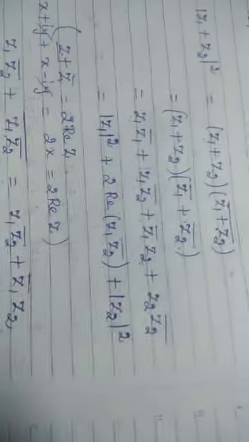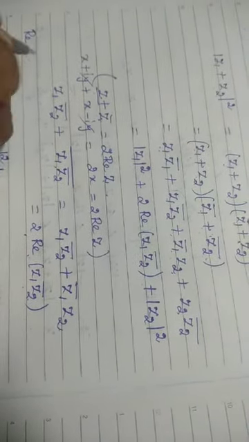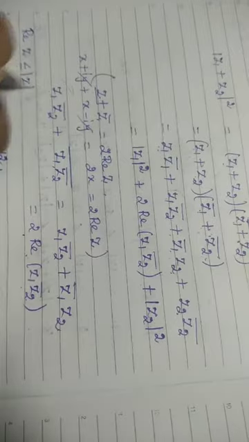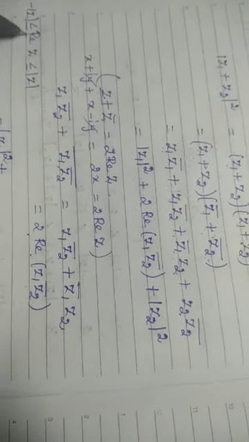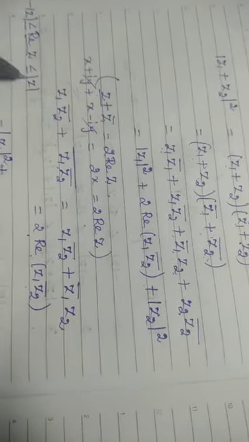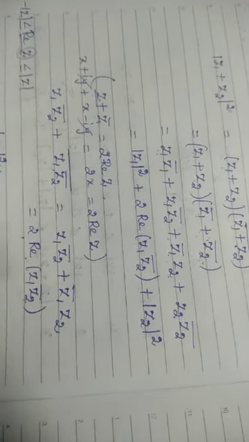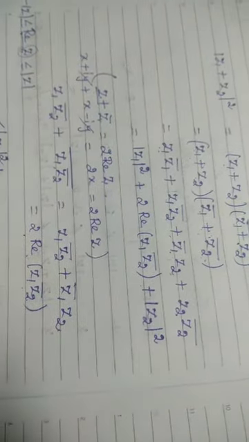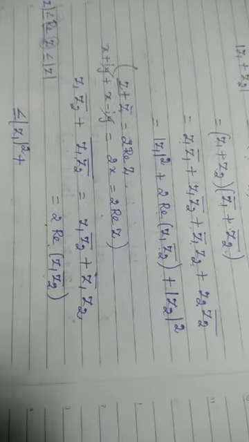We already know the property we just saw, the inequality that the real part of z is less than or equal to mod z, and greater than or equal to minus mod z. Here instead of z, we are having z1 z2 bar. So we can have the inequality, real part of z is less than or equal to mod z.